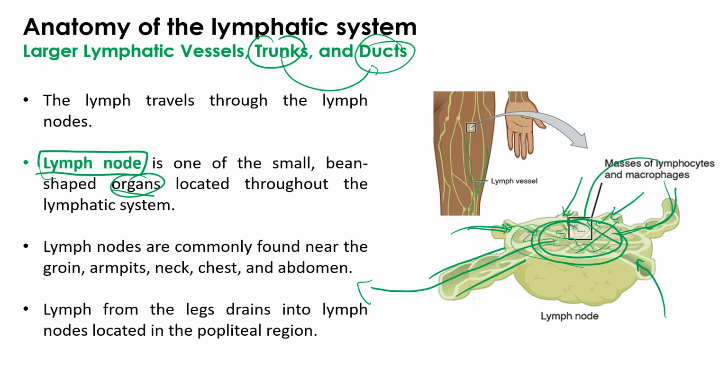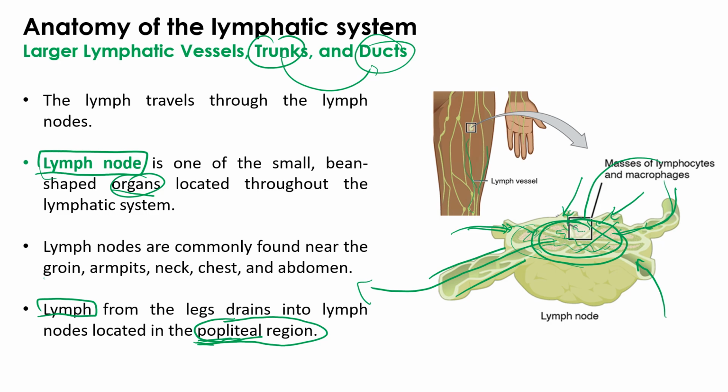And something interesting here, at least with the lower limb, is that we don't have lymph nodes in the foot. The lymph nodes begin in the popliteal region. If you remember, the popliteal region is the region behind the knee. So the first lymph nodes that we have from the lower limb are located in the popliteal region. That means that in your ankle and your toes, you don't have lymph nodes.